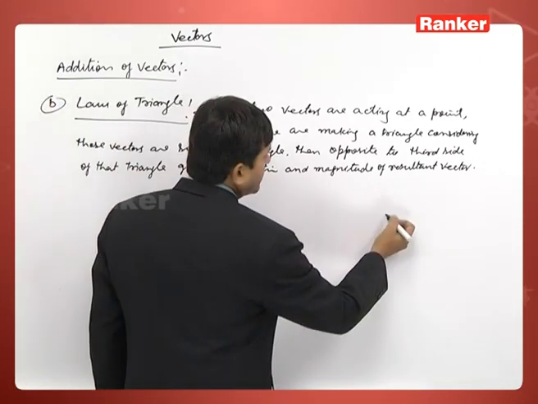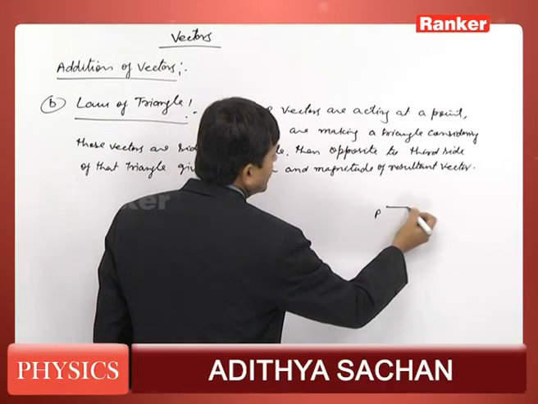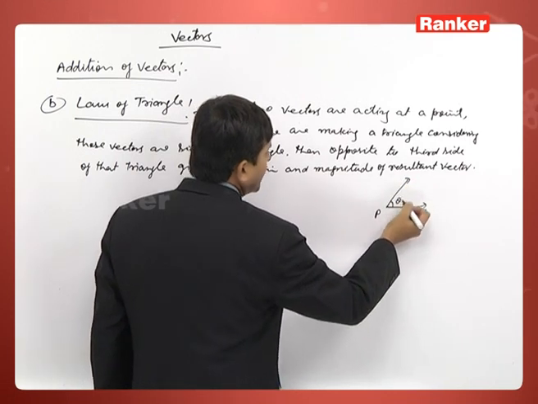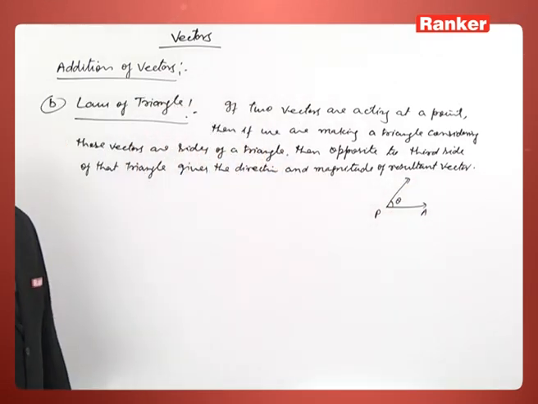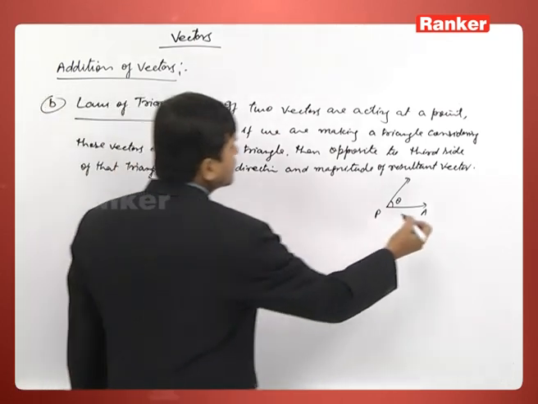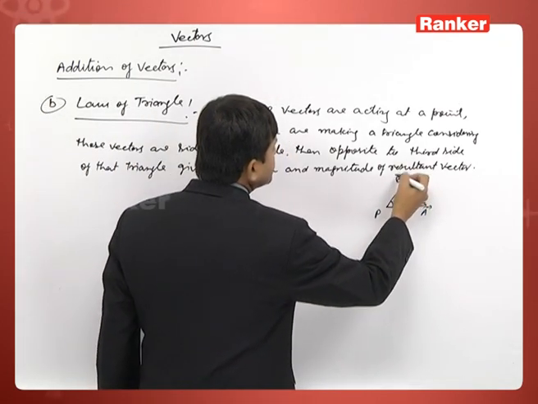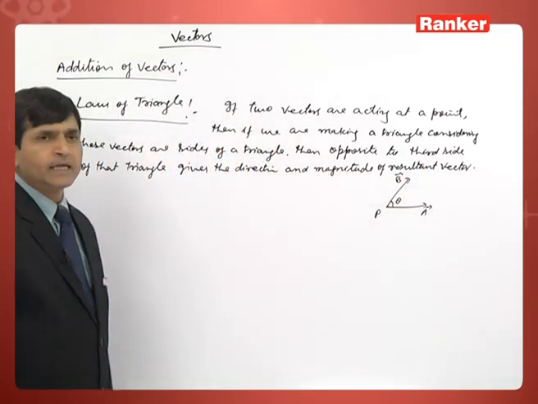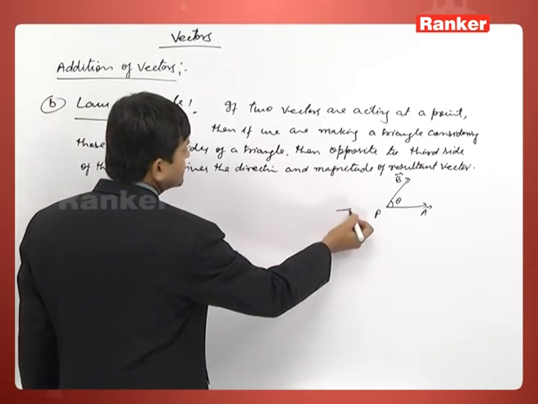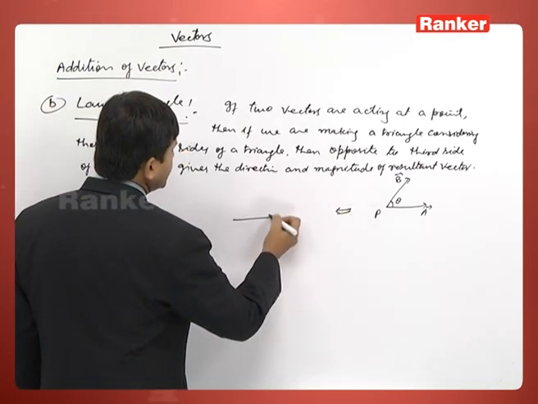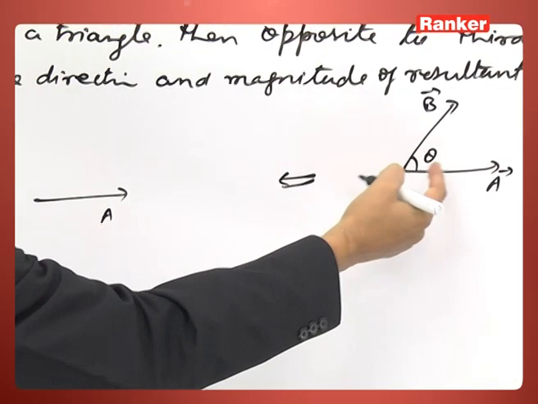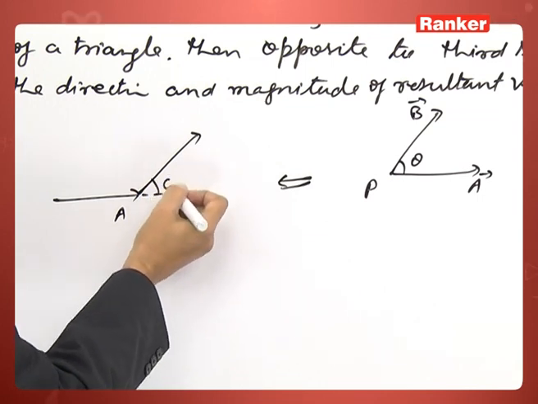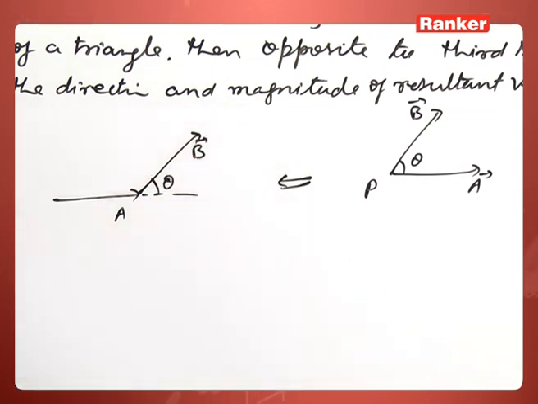Let this be a point P, and two vectors A and B are acting here, and these two make an angle theta. According to this, we make a triangle considering these two as sides of a triangle: vector A and vector B making angle theta, this is vector B, and this makes angle theta.